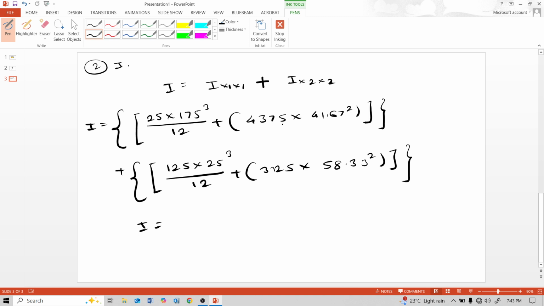Now calculate the first curly bracket: 41.67 square multiplied by 4375 plus 25 multiplied by 175 cube divided by 12 is 18.76 into 10 raised to 6, plus 58.33 square multiplied by 3125 plus 125 multiplied by 25 cube divided by 12, 10.79 into 10 raised to 6.